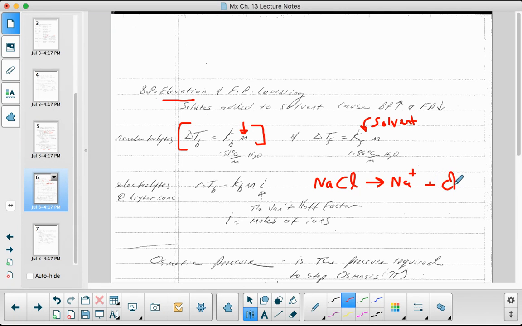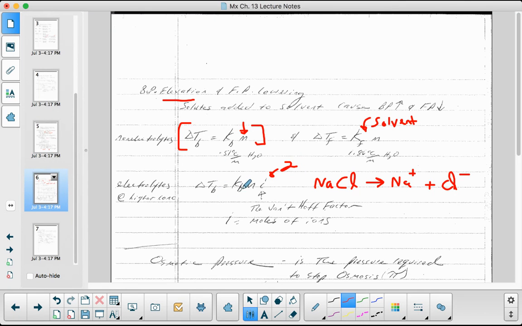So I need to identify the number of moles of the electrolyte. And so here in this scenario that I just showed you with the NaCl, that value would be 2 moles of ions.